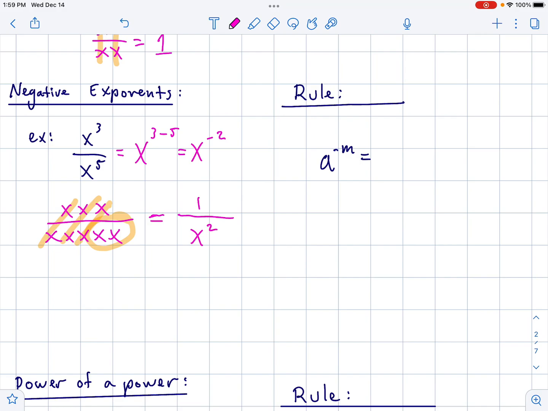So up top, there's nothing left but a 1, and then in the denominator, we get x squared. That means that x to the negative 2 and 1 over x squared are the same thing. So those are equal to each other.